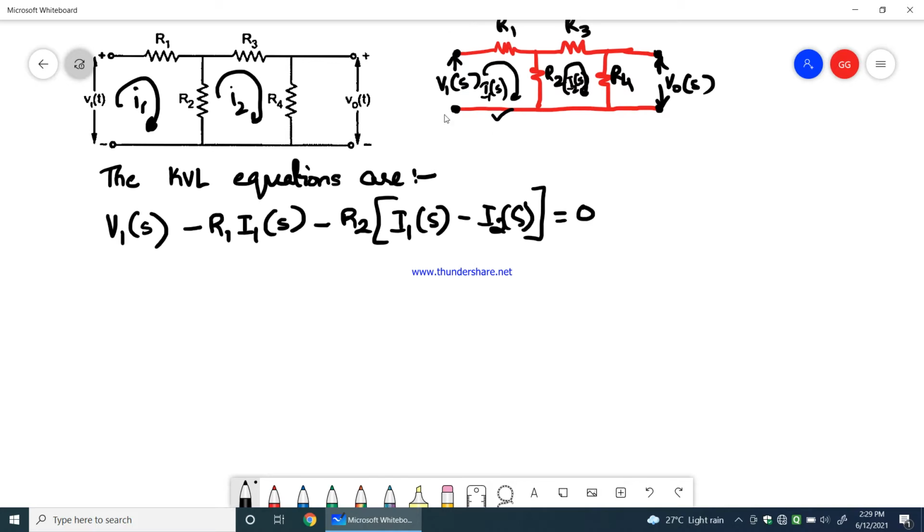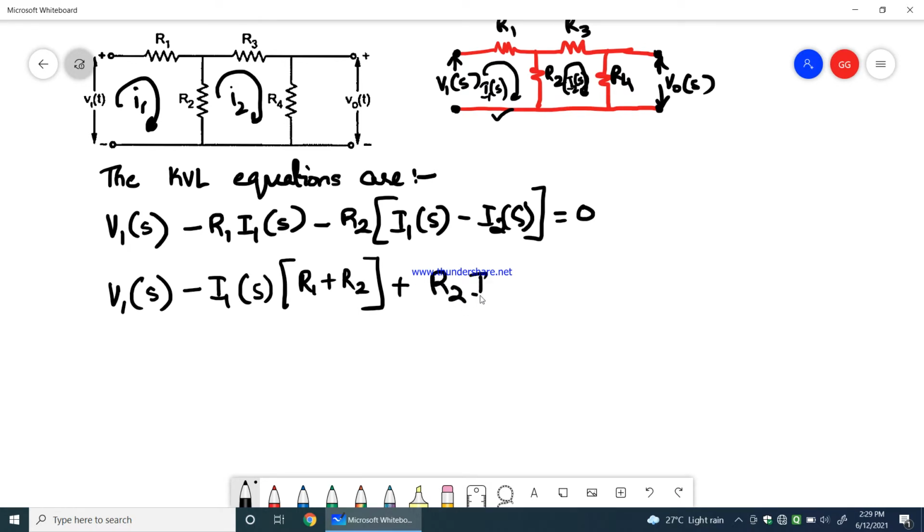That would be the equation for this particular loop. Therefore, V1 of S minus I1 of S into R1 plus R2, plus R2 into I2 of S equals 0.